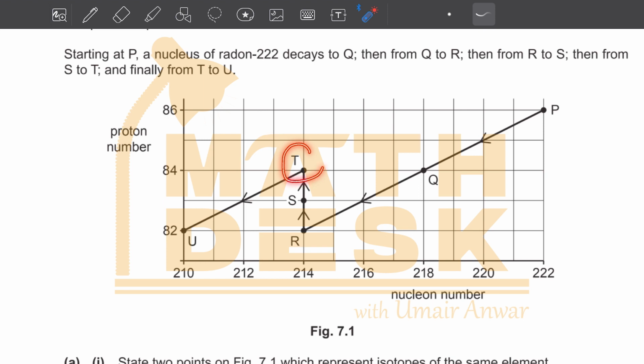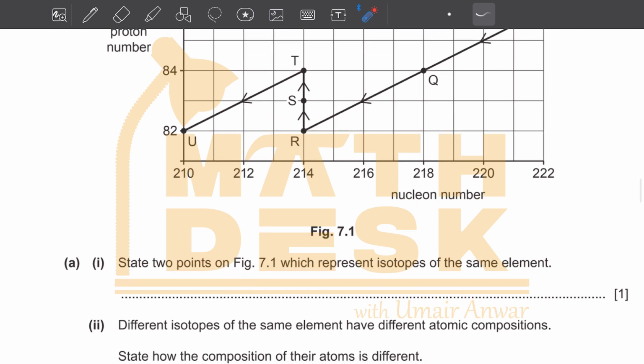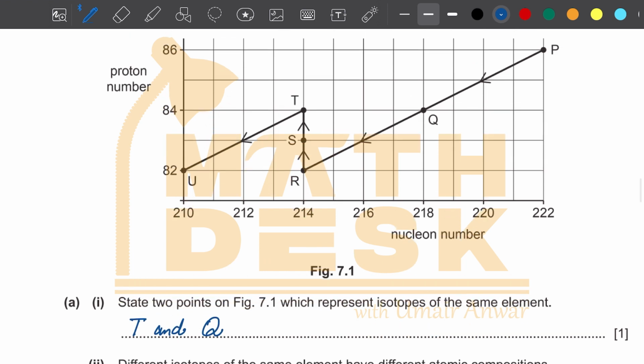So for T, the proton number is 84. For Q, the proton number is again 84. T has a nucleon number of 214 and Q has a nucleon number of 218. These two particles have the same proton number but different nucleon number. So we could say that T and Q are the points which are representing the isotopes.